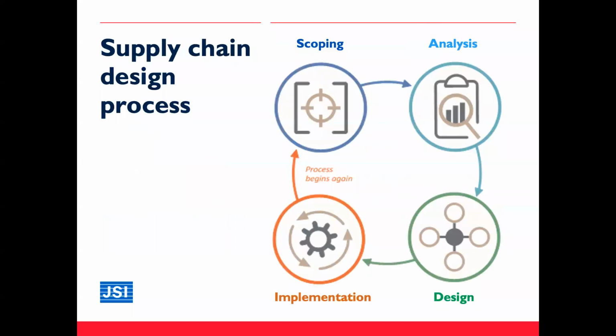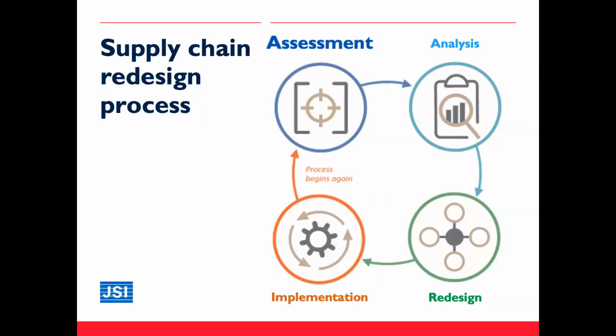Here's the process that we saw last time for a supply chain design: scoping, analysis, design, and implementation. We can think about the same types of activities for redesign, but let's update it slightly. For the original design, where there was no existing system, we called it scoping. For redesign, it is still an examination of the situation, but here it would actually be an assessment of the existing supply chain.